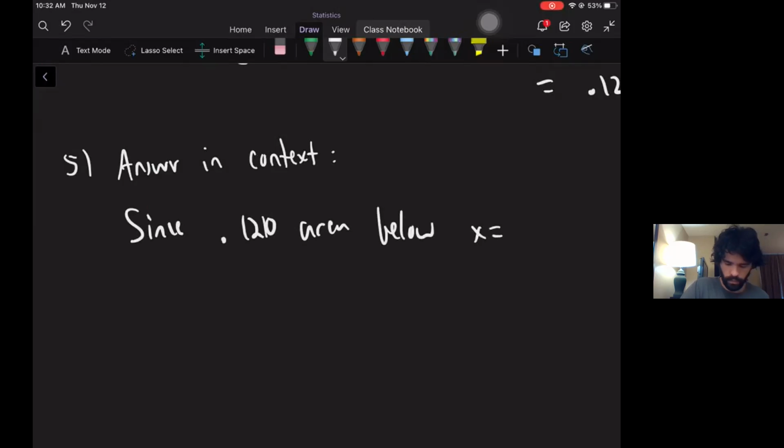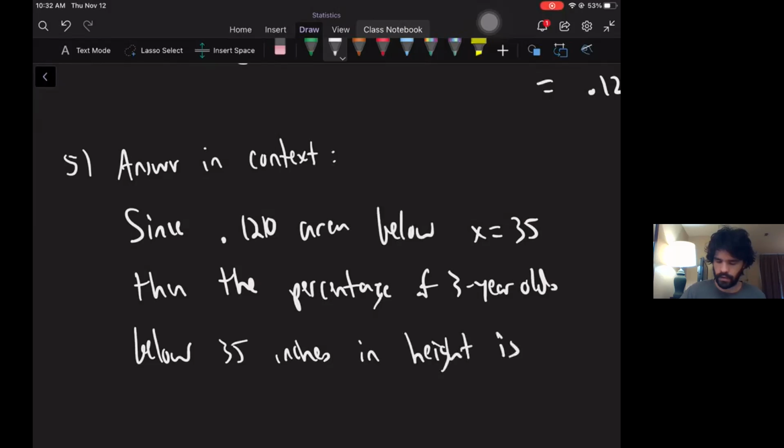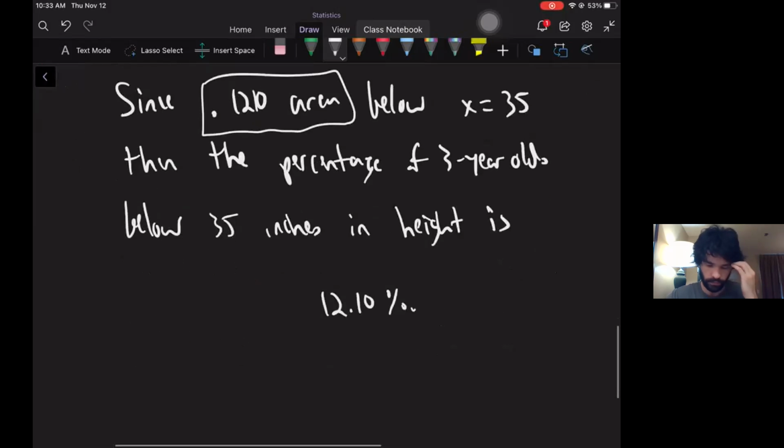This means that the percentage of 3-year-olds below 35 inches in height is, well, I just change that probability or area into percentage, 12.10%. Now, this complete sentence is the answer. So you gotta write a complete sentence as your answer, or I'm not gonna take it. Okay.